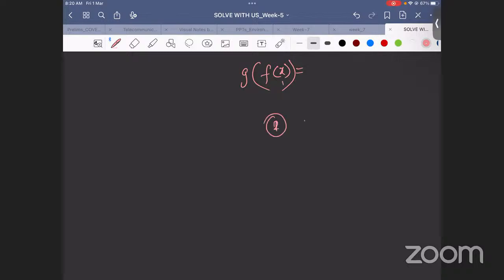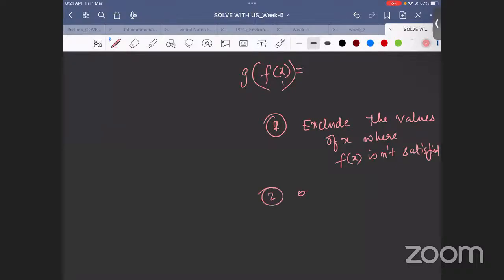The first step is you have to exclude the values of x where f(x) is not satisfied. The second step is you have to exclude the values of x where g of f(x) is not satisfied.